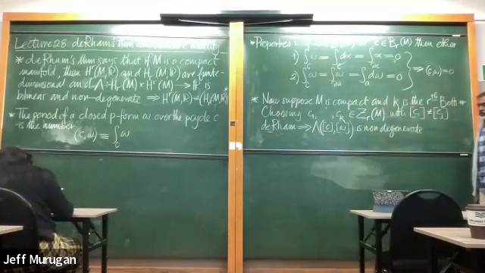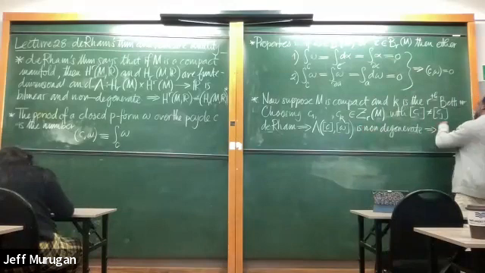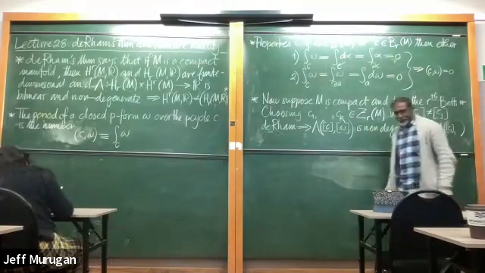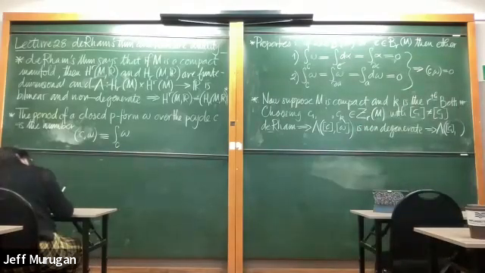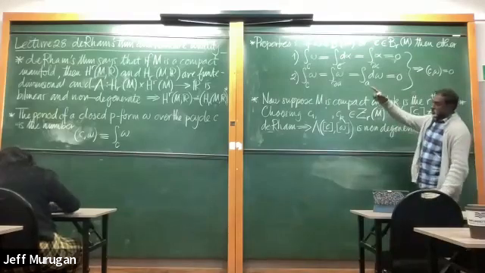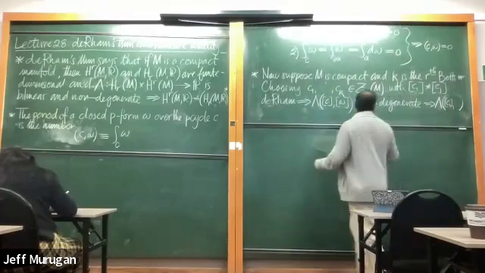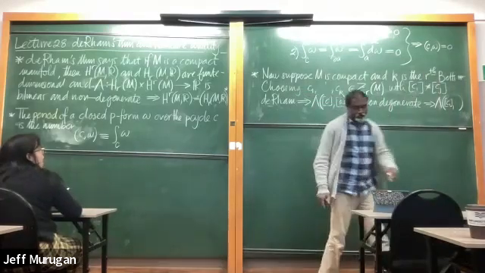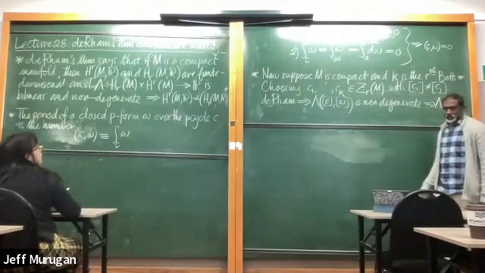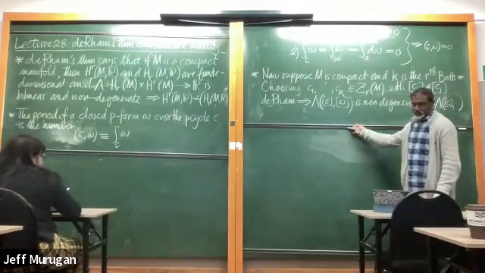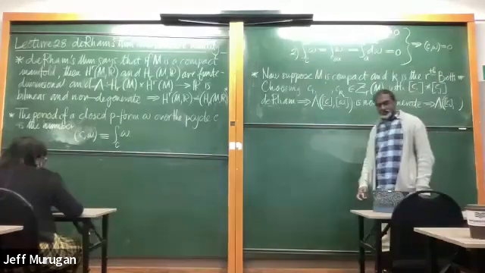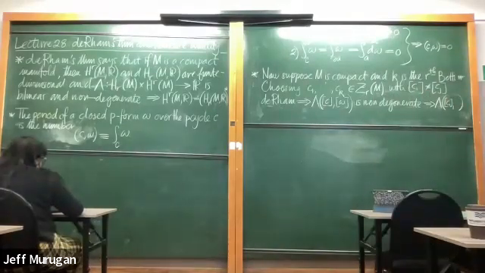Which means that if we think of lambda as a linear map on H^p_R, then this is a linear map on H^p_R, and the kernel of this map consists of the trivial element, which is precisely the cohomology class of exact elements.